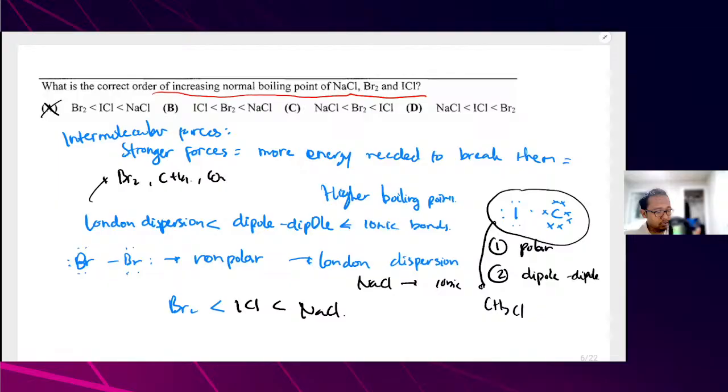If they have an electronegativity difference, it will have a dipole moment. Number two, whether the molecule is symmetrical or not.